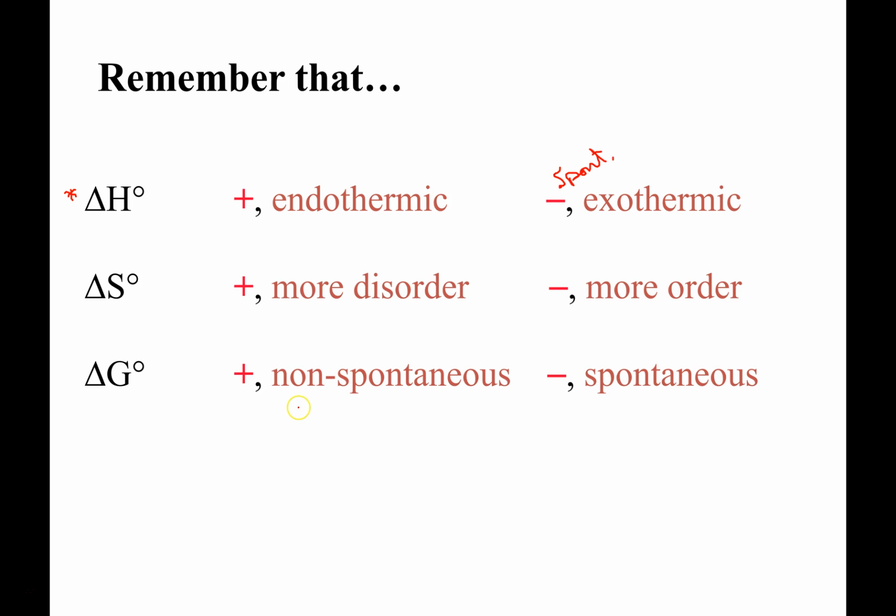On this one, how about entropy? Plus entropy or negative entropy favors spontaneity? Plus, yep, very good. And most recently, we've linked the delta G to be equal to delta H minus T delta S. So which one of these favors or means it's spontaneous? The last one is spontaneous, yeah.